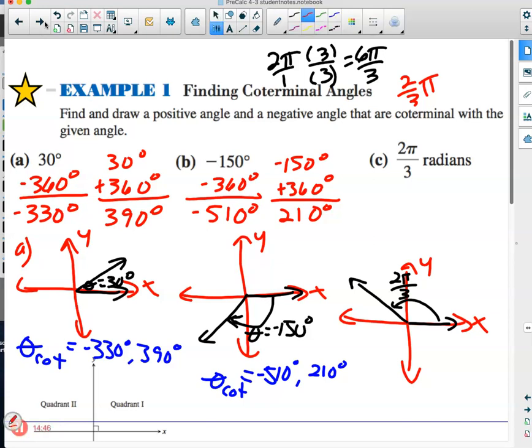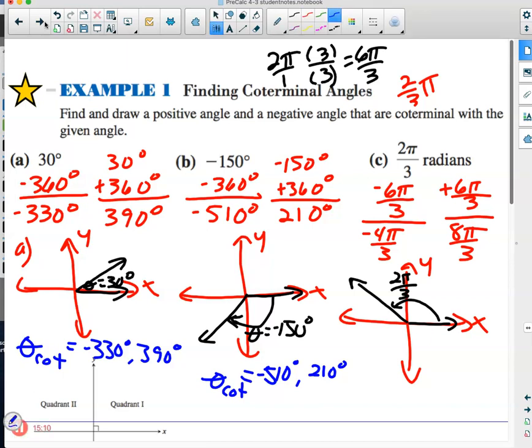So we'll take 2 pi over 3 and subtract 6 pi over 3. And we would get a negative 4 pi over 3. And then we could take our 2 pi over 3 and add 6 pi over 3. And that would give us 8 pi over 3.